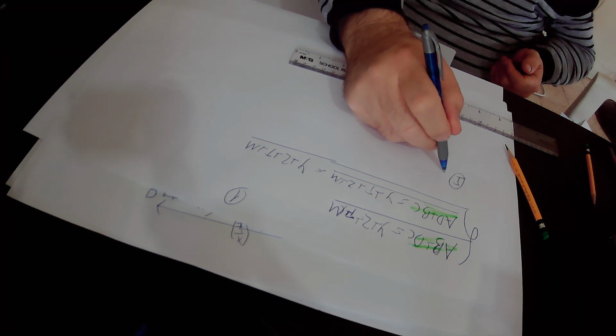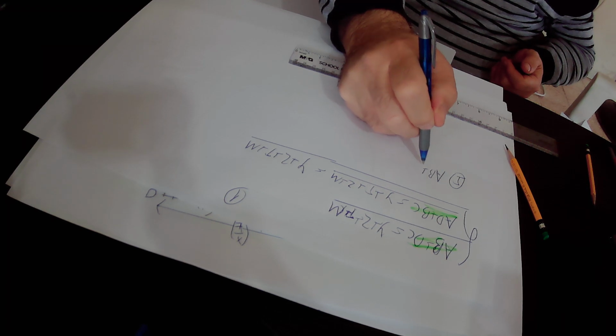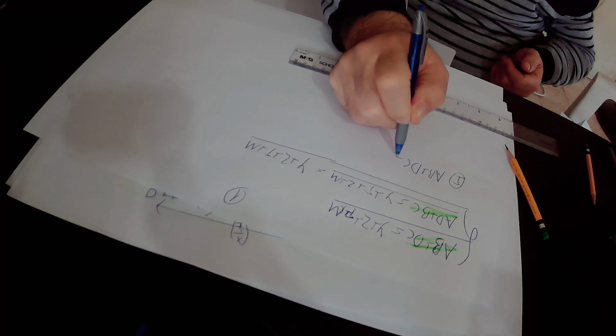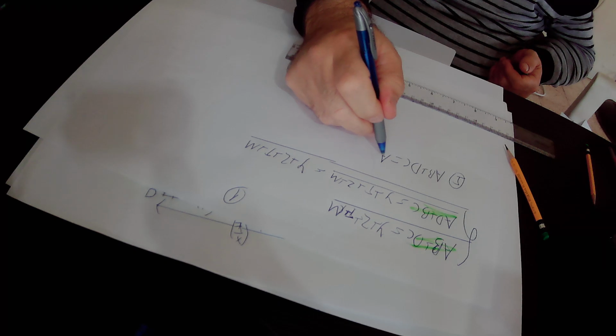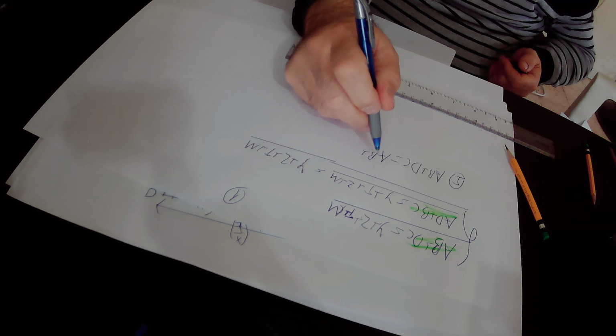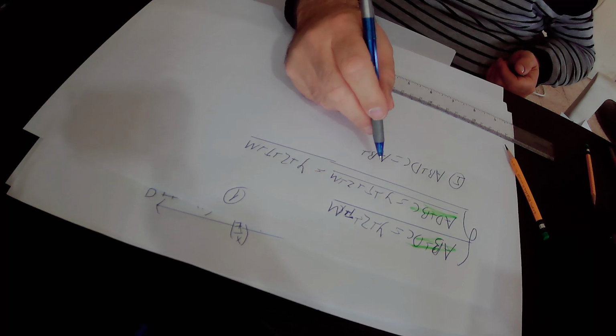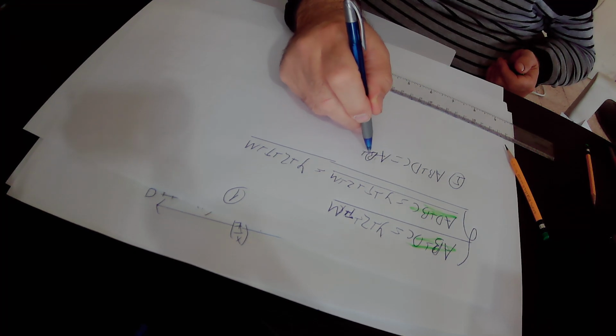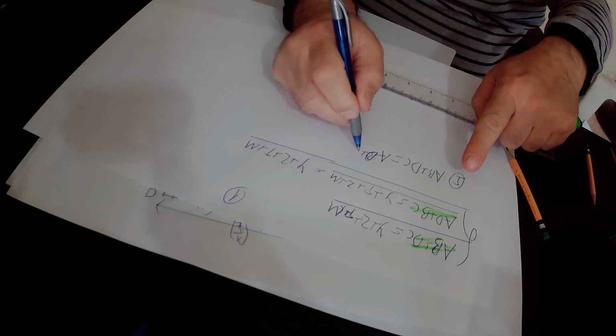That is to say, AB plus DC equals AD plus BC.